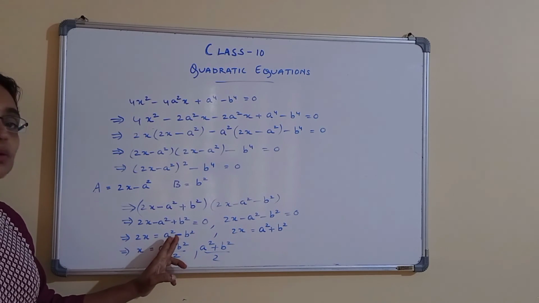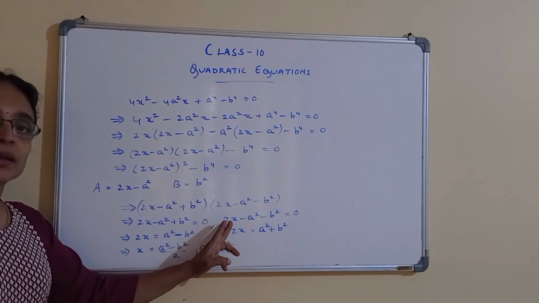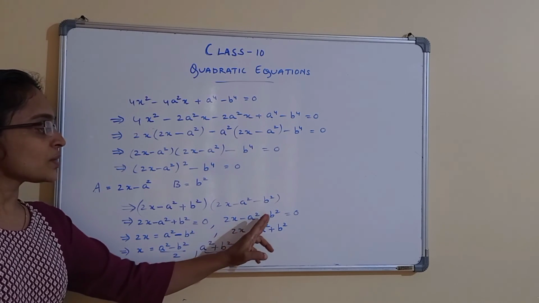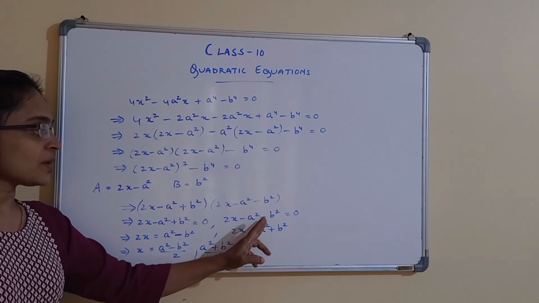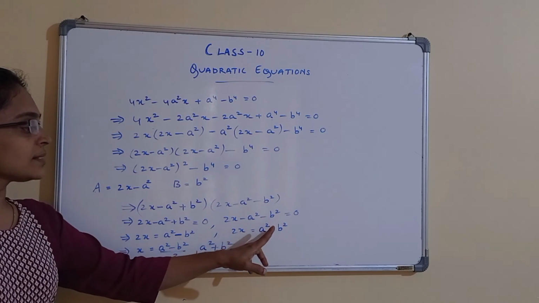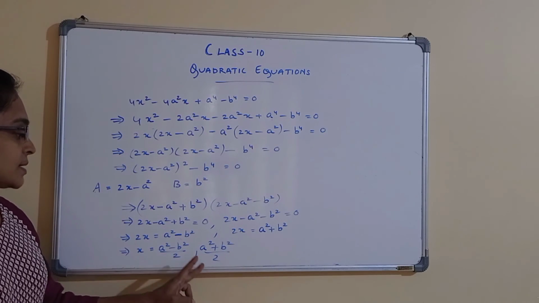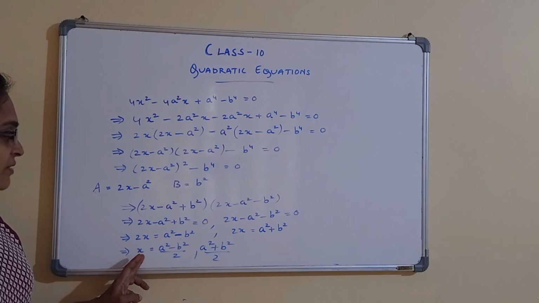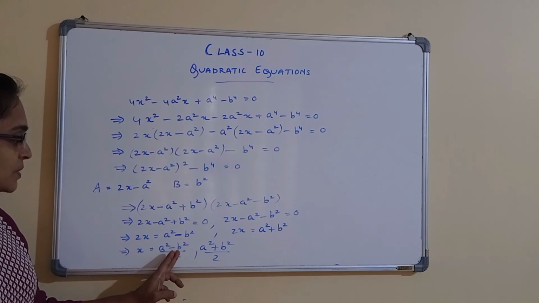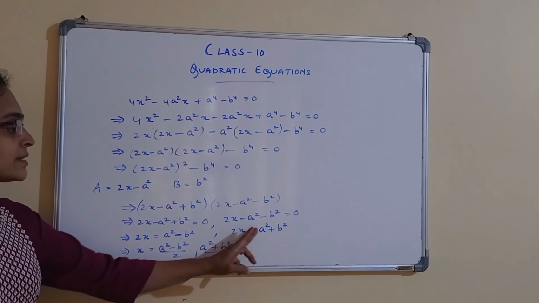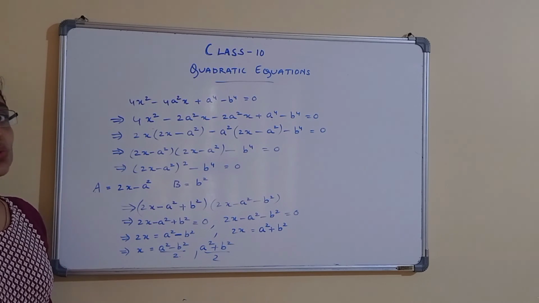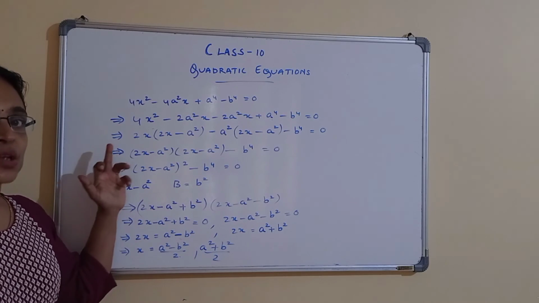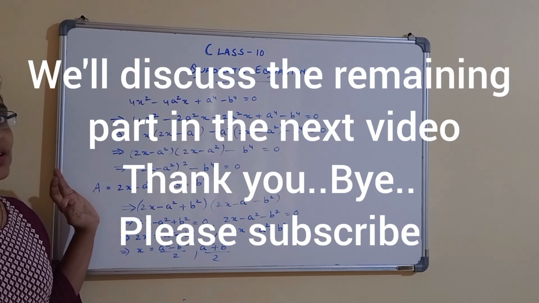So 2x is equal to a square minus b square, and here 2x is equal to, if we take minus a square to the right hand side, we have plus a square, and minus b square to the right hand side, we will have plus b square. So 2x is equal to a square plus b square. So we have x is equal to a square minus b square by 2 and a square plus b square by 2. So these are the roots of this equation, and we have solved this by the method of factorization.